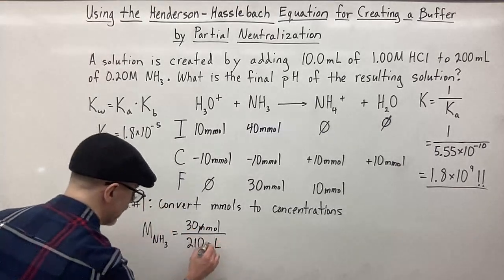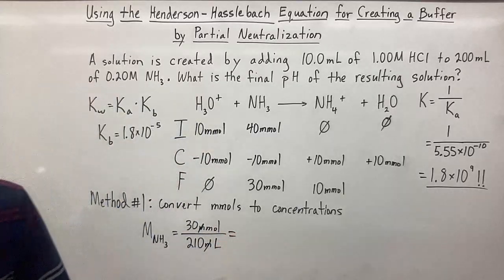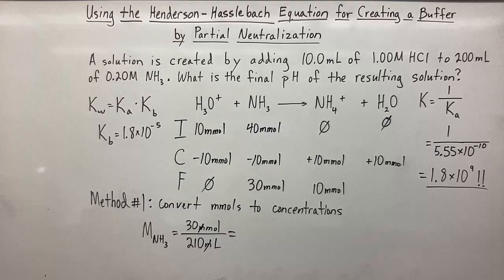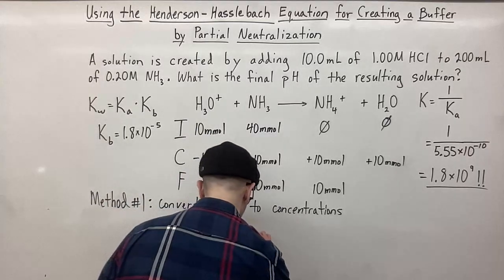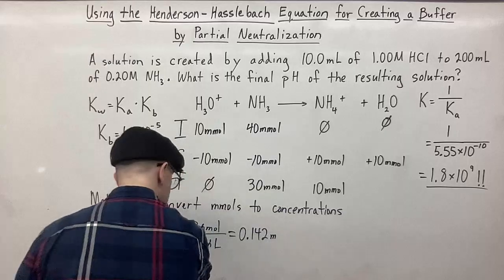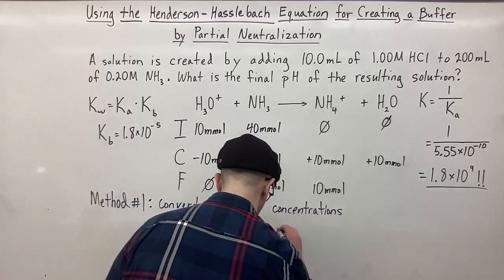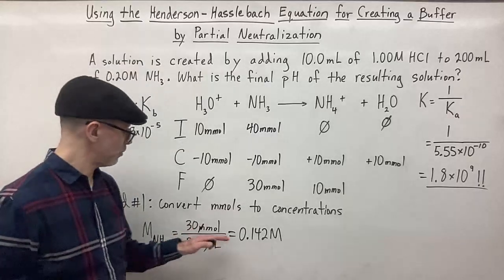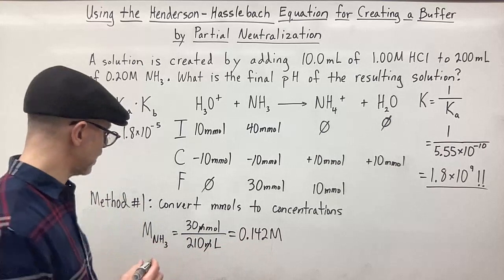The milli cancels out. We have moles over liter, and when you calculate that out, you get 0.142 molar. I know that the number of sig figs is 2, but I'm keeping an extra digit to avoid rounding mistakes.